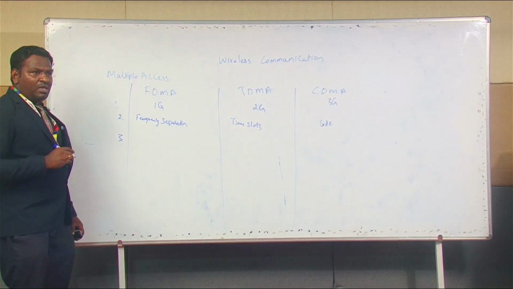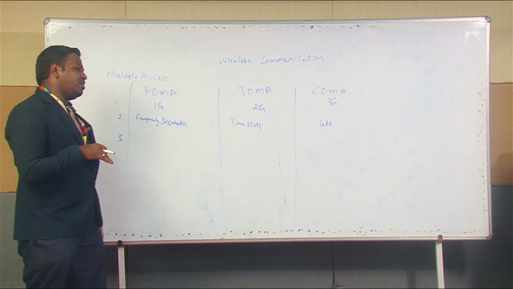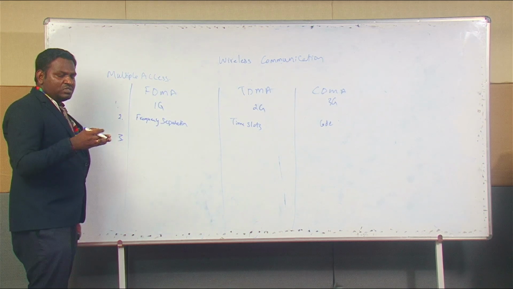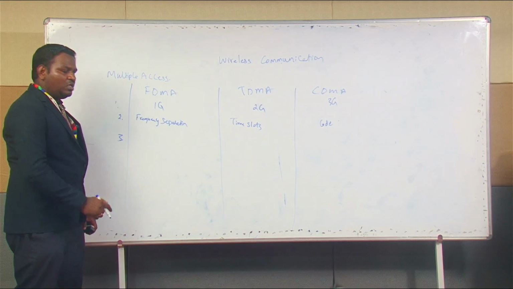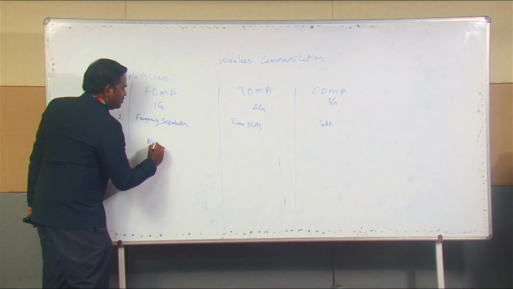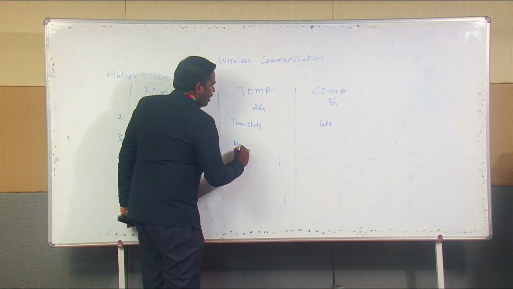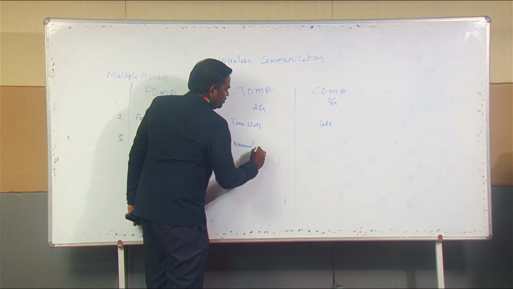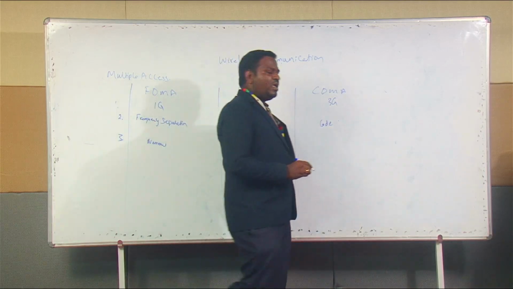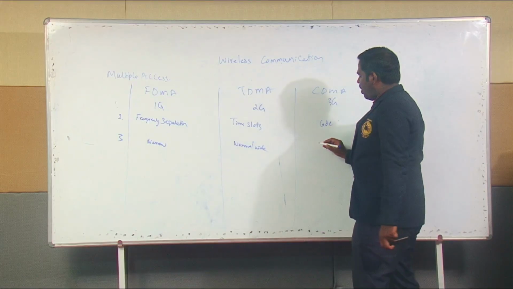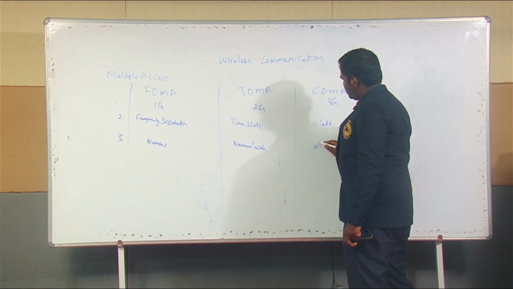The third one is narrow band or wide band. FDMA, as I told you, since it is 1G, is narrow band; TDMA can be both narrow and wide; and CDMA is wideband communication.